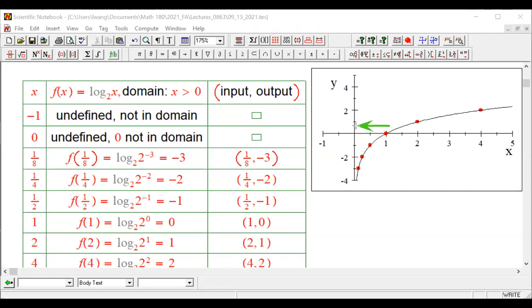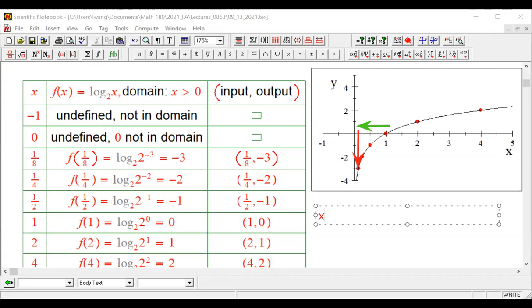The closer the input is to 0, what happened to the output? You guys see that? What can we say about that phenomena?